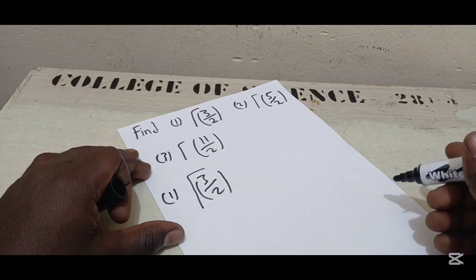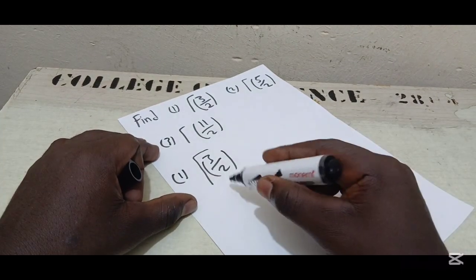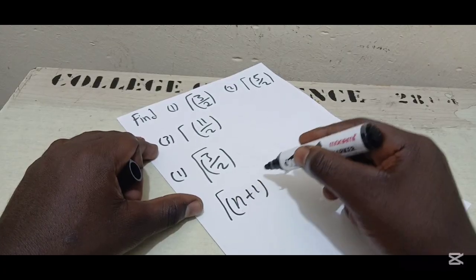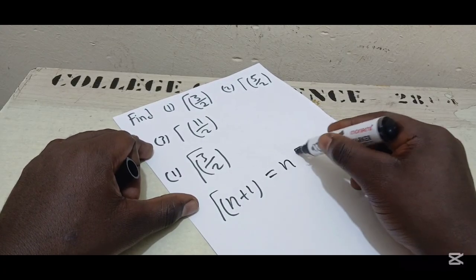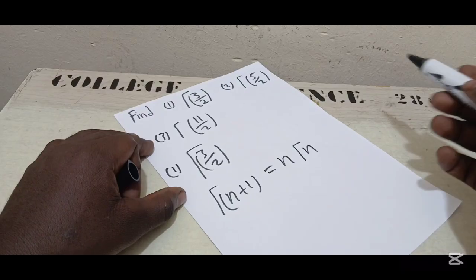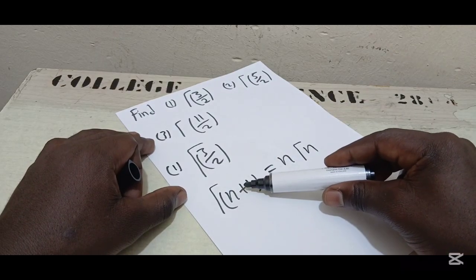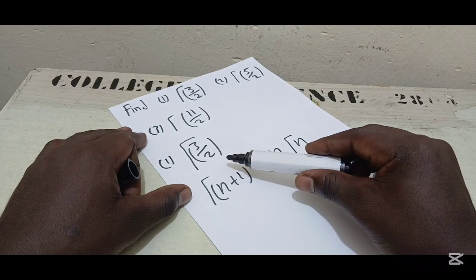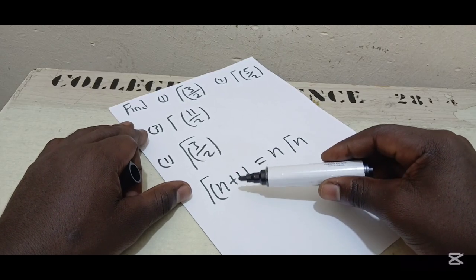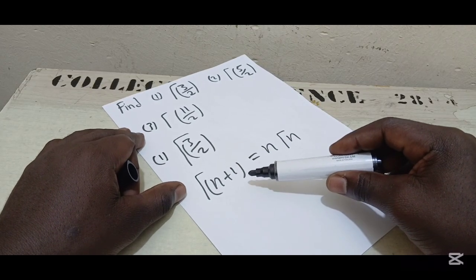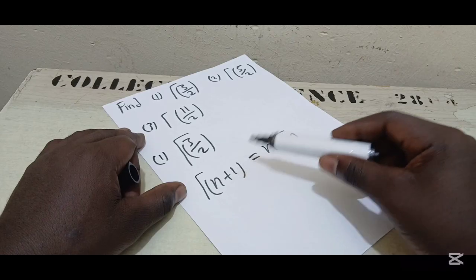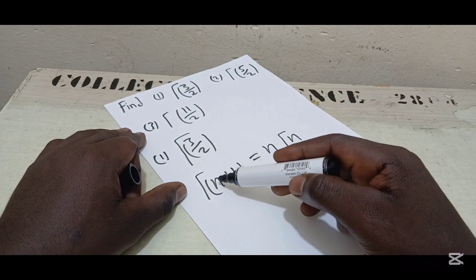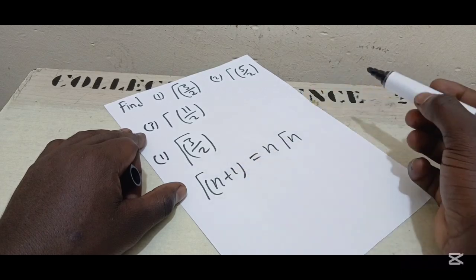So gamma 3 on 2, how do we solve this? We want to break this one in the form gamma n plus 1 equal to n gamma n. Now that we don't know what we should add 1 to give us 3 on 2, we can simply form a basic equation and solve for the value of n.